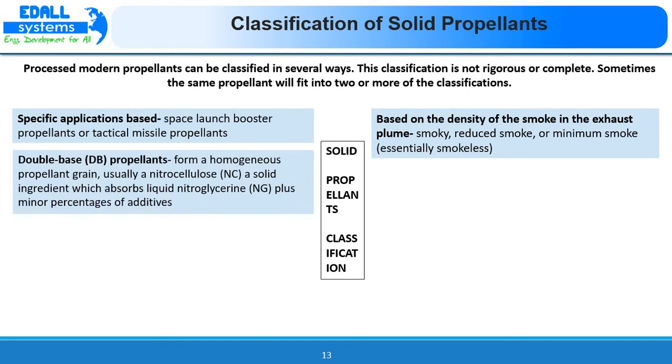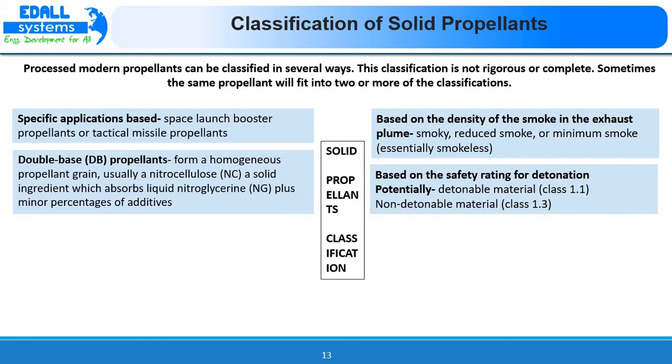Then again, double base propellants form a homogeneous propellant grain, usually a nitrocellulose, a solid ingredient which absorbs liquid nitroglycerine plus a minor percentage of additive. So these double base propellants form a homogeneous propellant grain including nitroglycerine and nitrocellulose. Then based on safety ratings for detonation, they can be classified as detonable material or non-detonable material.